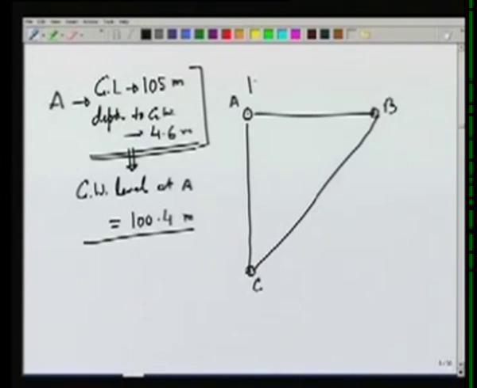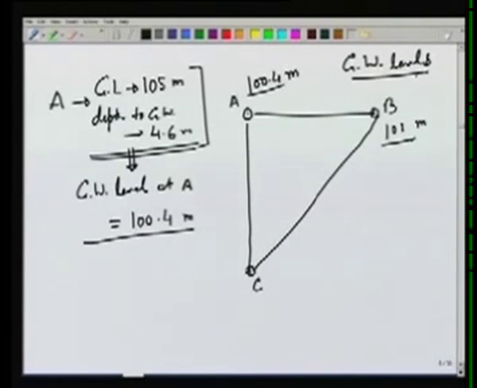So at A we have groundwater elevation of 100.4 meters, and similarly, let's say at B, we have all the data available at C also, and let's say that at B we have an elevation of 101 meters. This is all groundwater elevation. So these are all groundwater levels. And at C, let's say that the elevation is 100 meters.